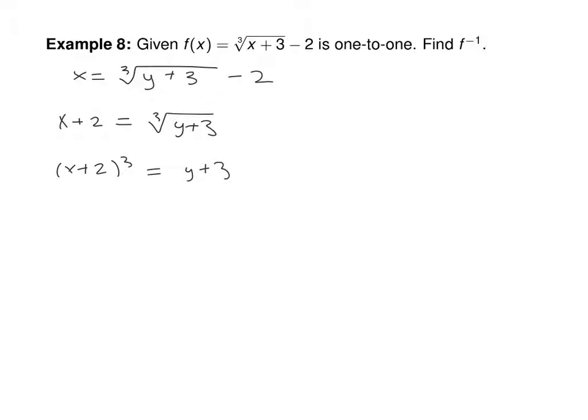You don't actually have to cube that out, okay? If you do, it's all right, it's going to be long, and you're probably going to make a mistake. Not that I don't believe in you. Then you move the 3, and you get x plus 2 cubed minus 3 equals y. So f inverse of x is x plus 2 cubed minus 3.